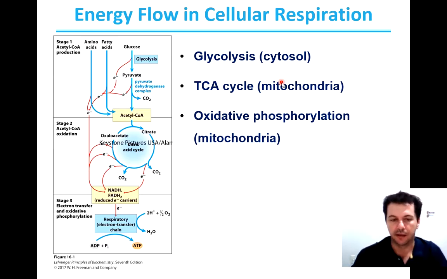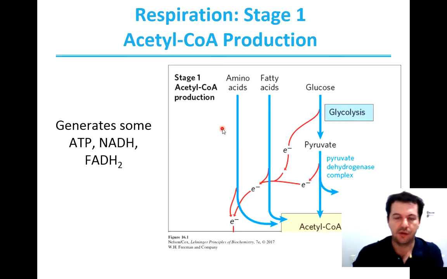Respiration has some points of regulation: glycolysis, the TCA cycle, and also oxidative phosphorylation. The TCA cycle occurs in the matrix of the mitochondria and oxidative phosphorylation in the inner membrane. So two of these phases are in the mitochondria, one in the cytosol.